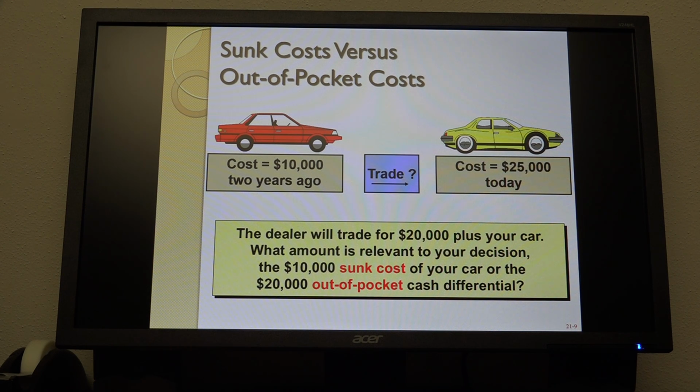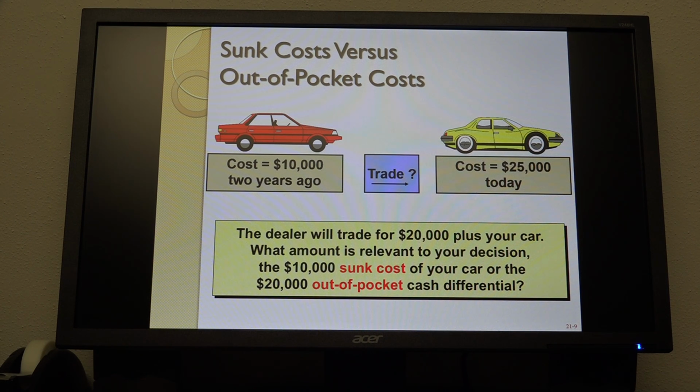And so the question is, should I spend a whole lot of money on repairs? Of course, the $10,000 you paid for it is irrelevant, but the fact that you're going to have to put a lot more money into it, out-of-pocket costs, is relevant.